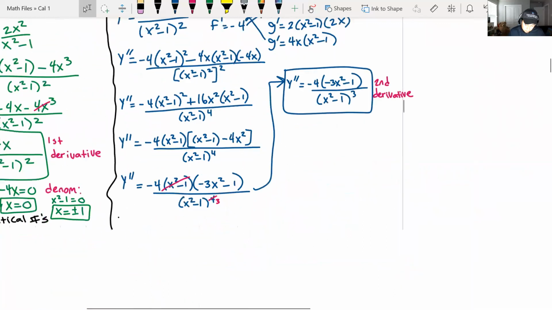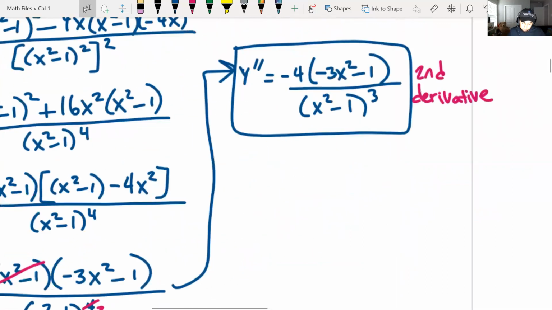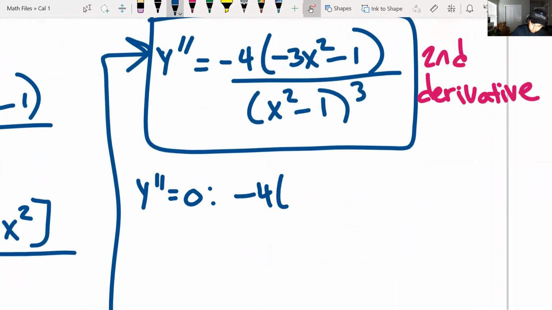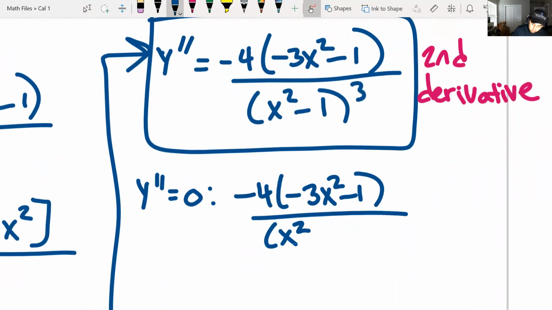Okay, so now set the second derivative equal to 0. So negative 4 times negative 3x squared minus 1 over x squared minus 1 cubed equal to 0.